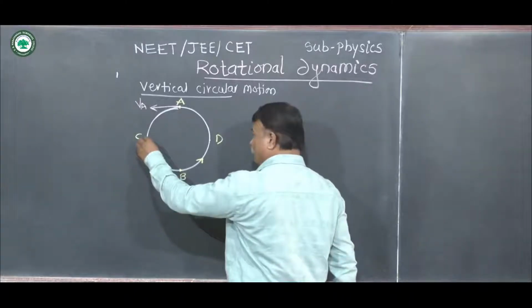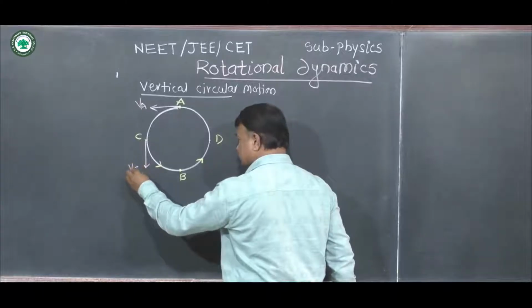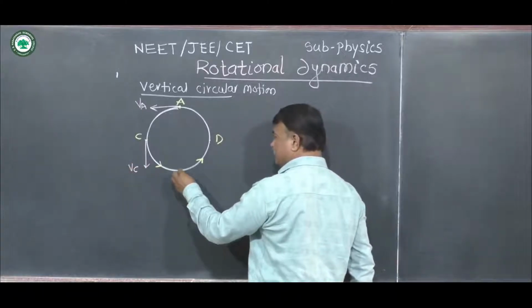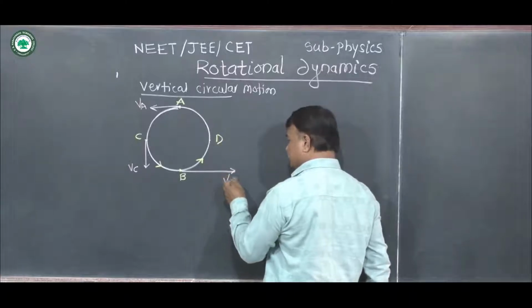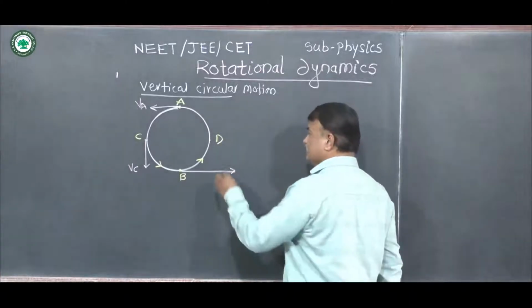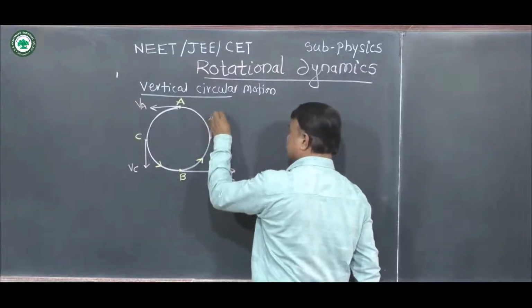Linear speed at point C is given by VC. Linear speed at point B is given by VB. And linear speed at point D is, say, VD.